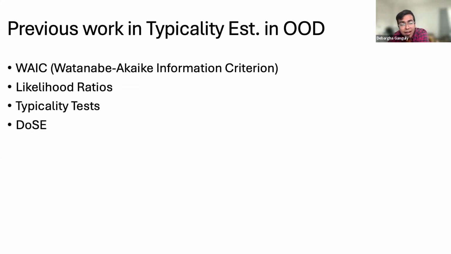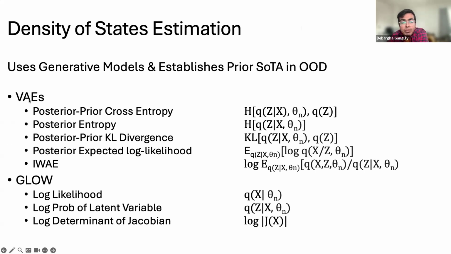So previous techniques have tried to use typicality estimations in out of distribution detection. The best technique and the most recent one is density of states estimation, called DOSE over here. So like we did compute those previous metrics before, like energy, log probabilities, etc. What density of states estimation does to predict whether a sample is OOD is it calculates these metrics based on generative models.